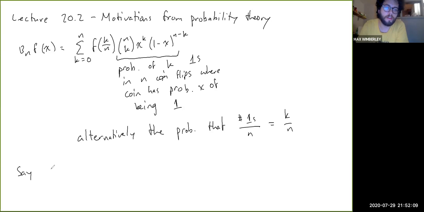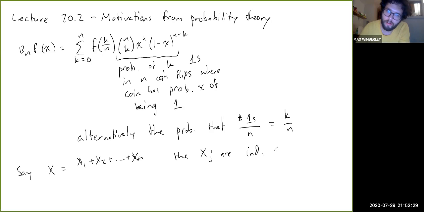Say X is the random variable (X1 plus X2 plus up to Xn) over n, where the Xj are independent coin tosses with probability x of 1.